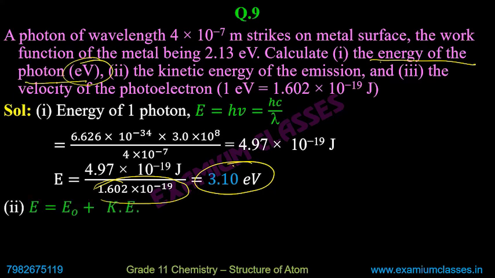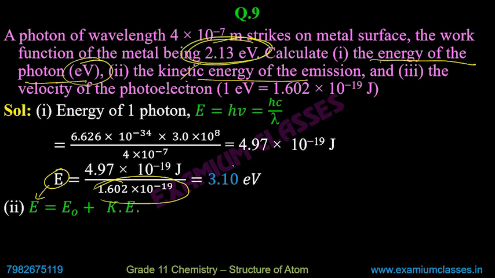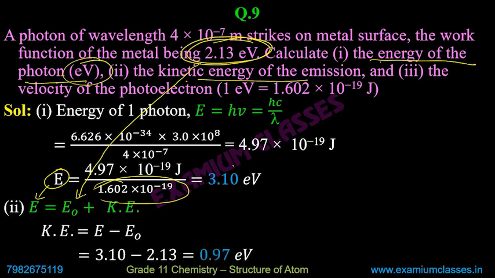Then the second part, the kinetic energy: E has been calculated as 3.1, E naught is known, given. Kinetic energy can be obtained, just substitute the values, obviously in electron volt.